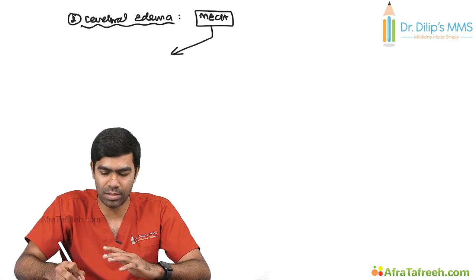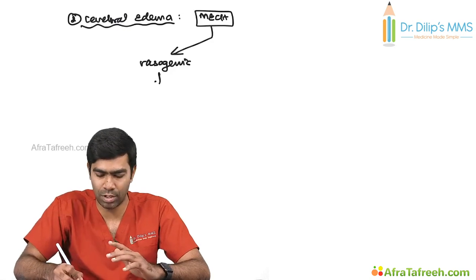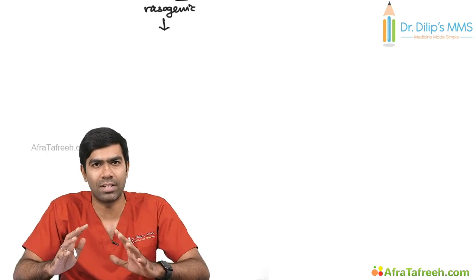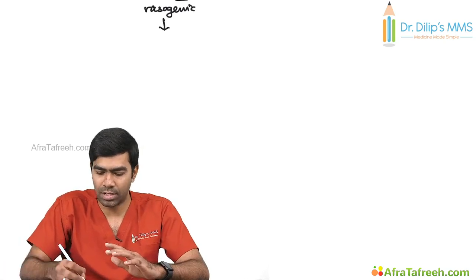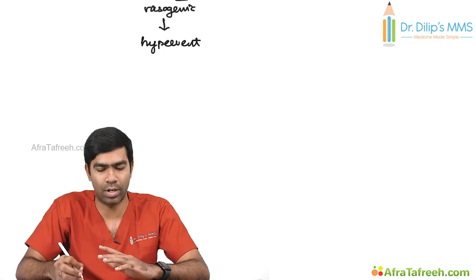The first mechanism is the vasogenic mechanism, or the vasogenic theory, for development of cerebral edema in DKA, which states that in children especially, the vessels will be oversensitive to changes in carbon dioxide. So these patients are going to have hyperventilation due to the acidosis that they are encountering.